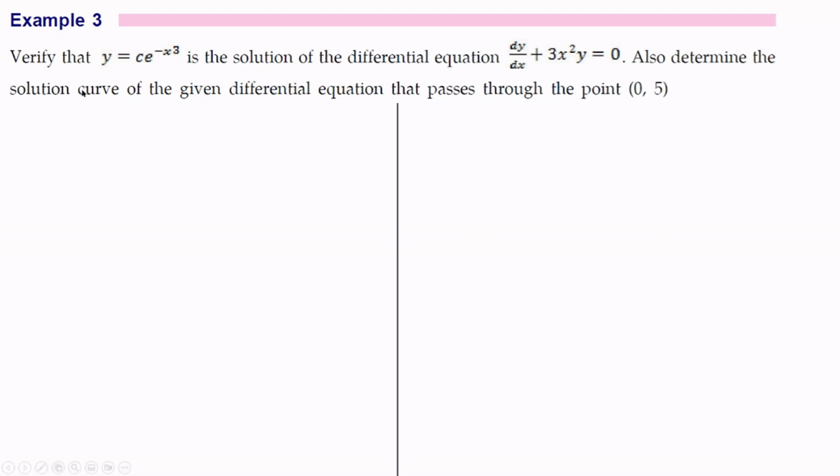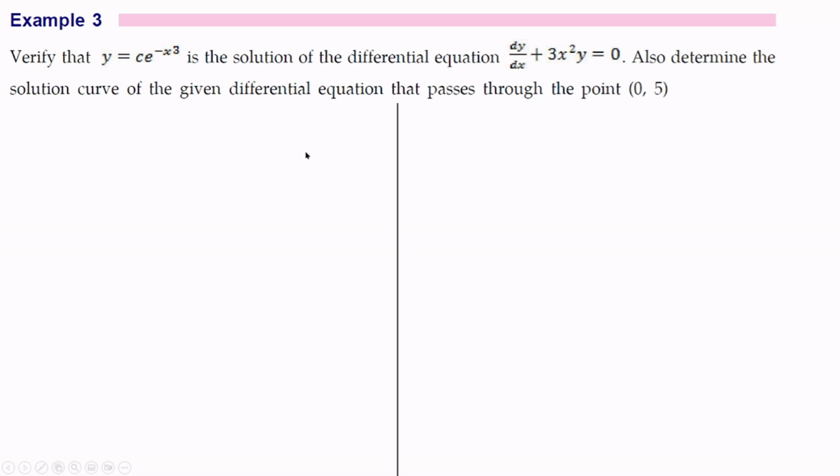Next question: verify that y equal to c into e raised to minus x cube is the solution of the differential equation dy by dx plus 3x square y equal to 0. Also determine the solution curve of the differential equation that passes through the point (0, 5). Here the differential equation consists of only dy by dx, so we can differentiate once and verify whether this function is a solution of this differential equation.